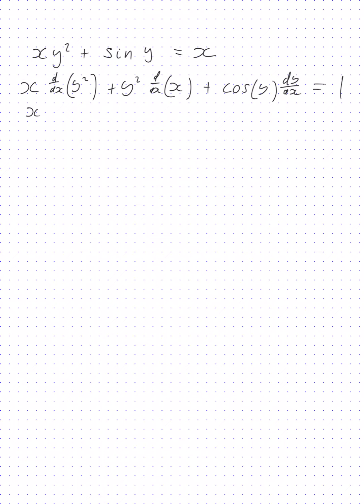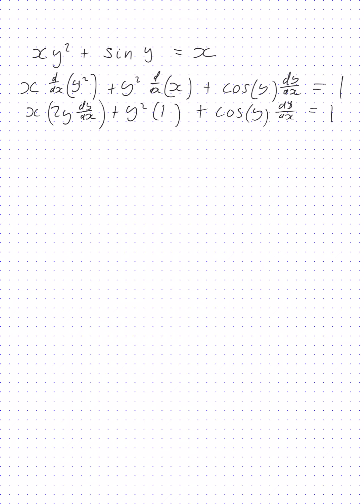So I differentiate y squared. Now again, the rule is differentiate with respect to y and then multiply by dy dx. So the derivative of y squared with respect to x is 2y dy dx. And x with respect to x just gives me 1.